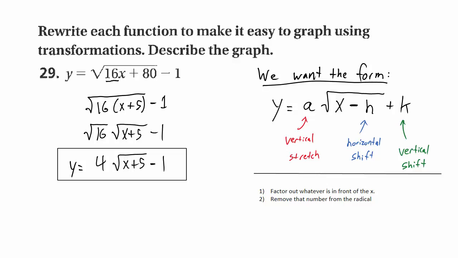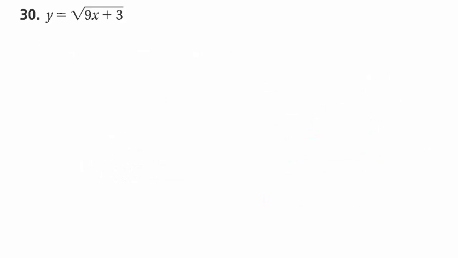In this form, it looks a lot like vertex form for parabolas, but we don't call it vertex form, though it has the same basic layout. It's sort of a parabola, kind of. It's the top half of a sideways parabola, which is what a radical function is.